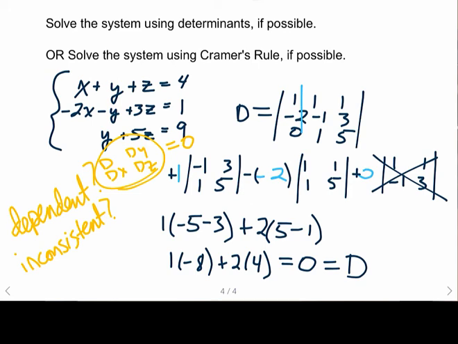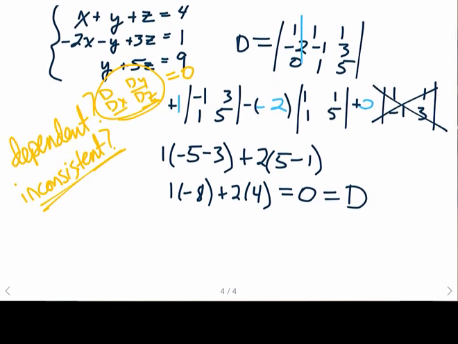If D is 0, but any of Dx, Dy, and Dz are not 0, then it'll be inconsistent. I don't really feel like doing all that just to figure out which it is. So let's solve the system using another technique.